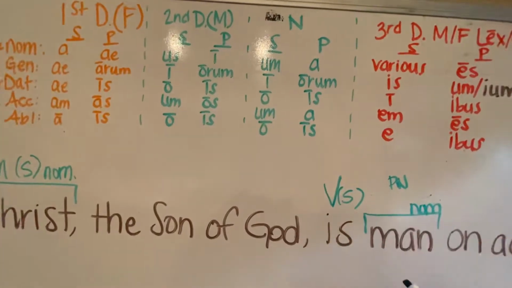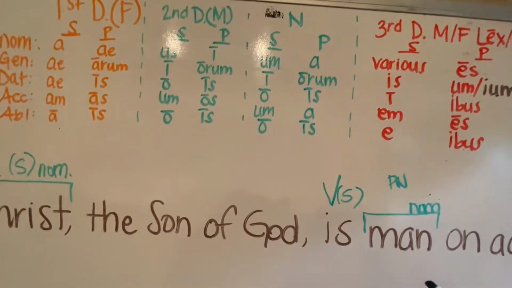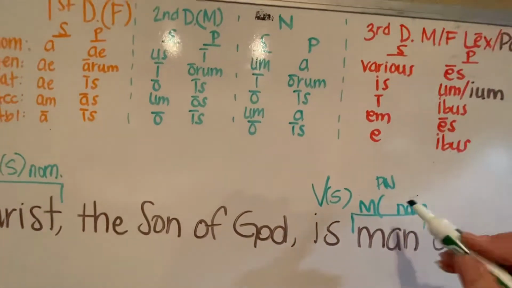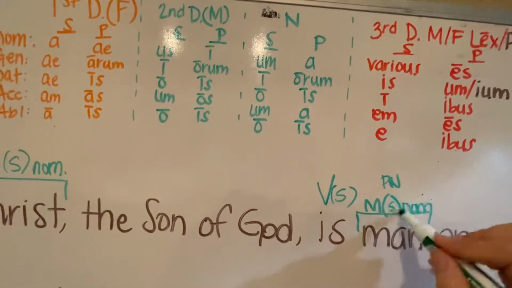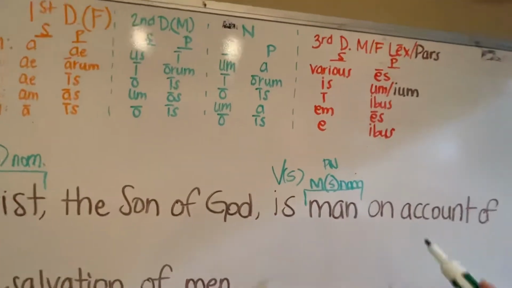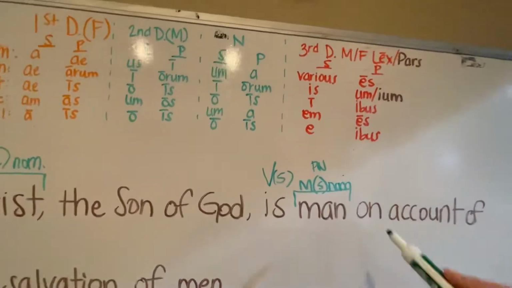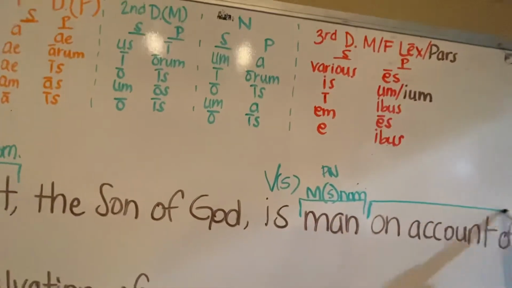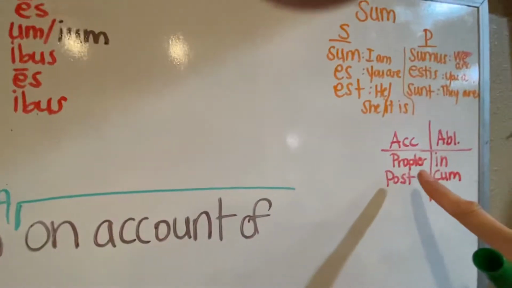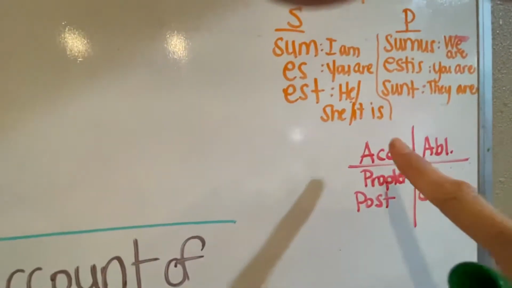And I also know that man is homo, hominis, and it is masculine. And let's see here. This is singular. All right, so we have nominative, masculine, singular. When I get to on account of, this is part of my vocabulary. I've learned that on account of is propter. I also know that it dictates a particular case, and so it's accusative.